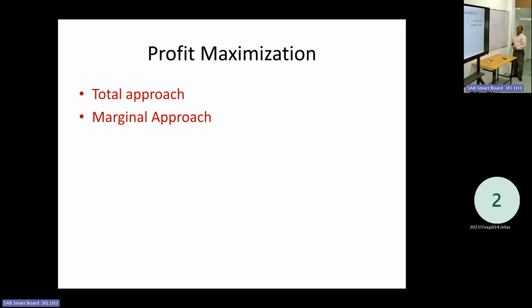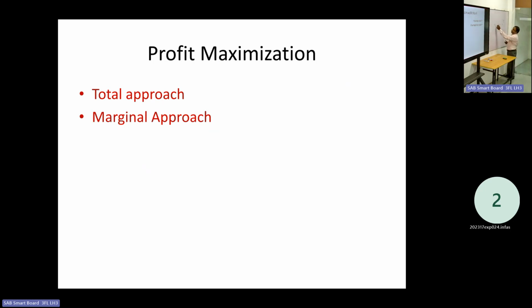So we know the revenue function: revenue is price times quantity. The total cost means we know we study the cost functions, fixed cost, variable cost and so on. That is the payment for the factors of production.